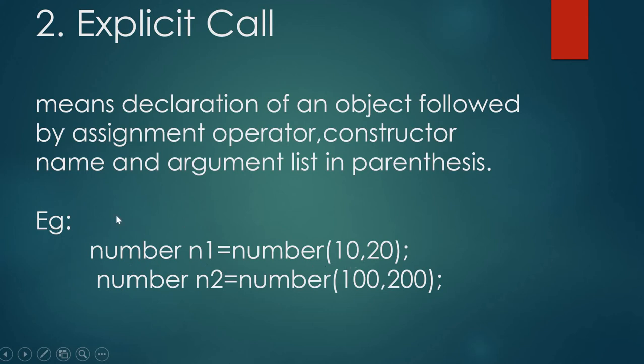Explicit call means declaration of the object followed by assignment operator, constructor name, then arguments in parentheses. Then the second example, number n2. Number n2 is the declaration of the object. After that, assignment operator, then constructor name, then arguments in bracket or parentheses.